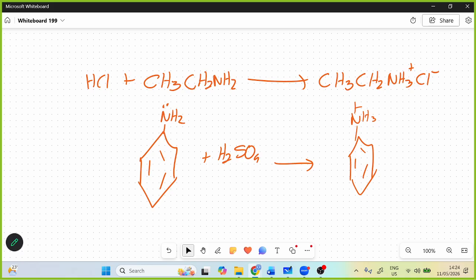The lone pair is on the ring, and therefore it will need a strong acid to be protonated, but H2SO4 is a strong acid.